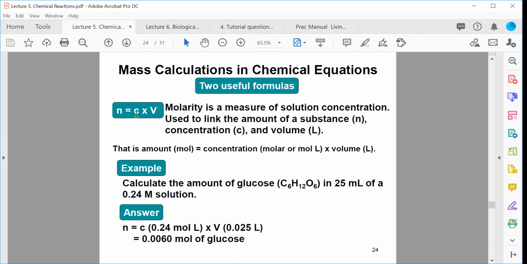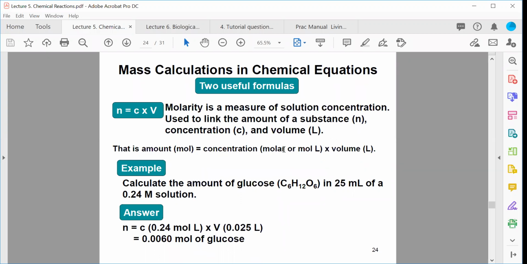This little c refers to concentration, but this particular type of concentration refers to molarity. The term molarity, we normally abbreviate that to molar. And what does that actually mean? It means the number of moles per litre. So that's what molarity is referring to, moles per litre.